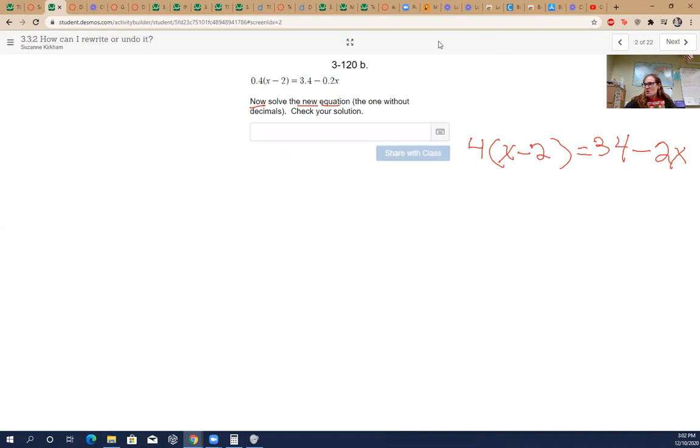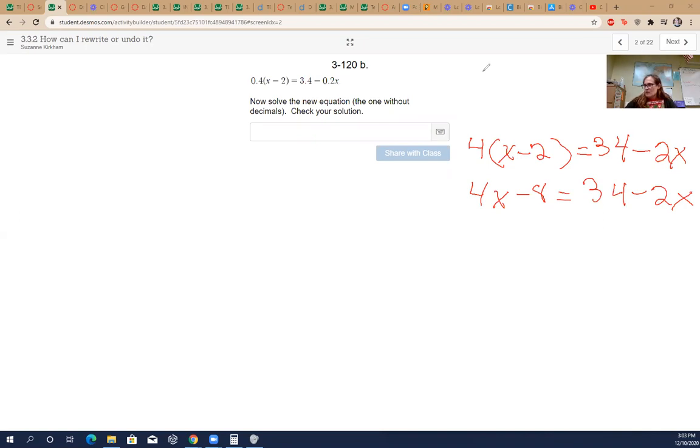Okay, so now we need to solve our new equation, the one without the decimals. So we take our 4 and we distribute it through the parentheses. 4 times x is 4x. 4 times negative 2 is negative 8, equals 34 minus 2x. All right, then we combine like terms.